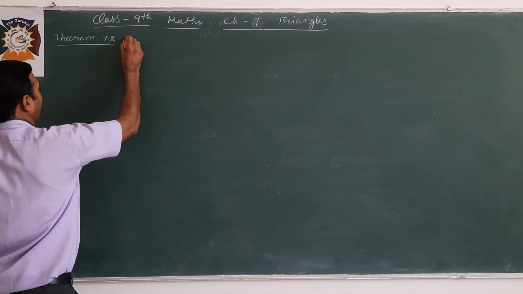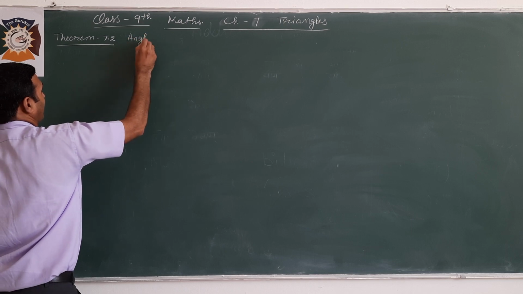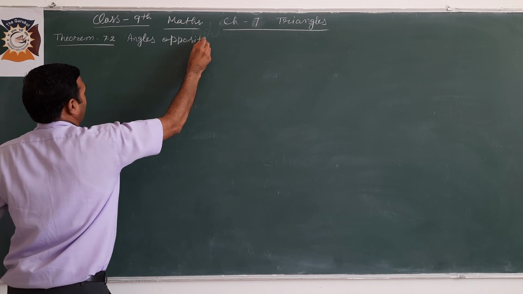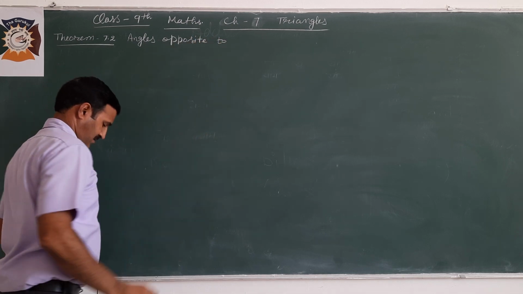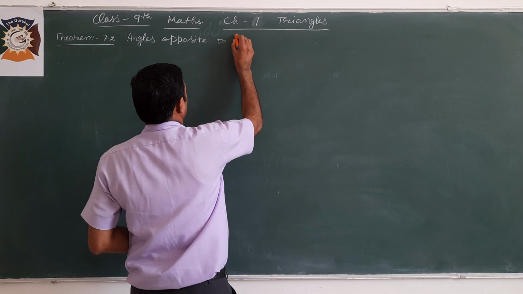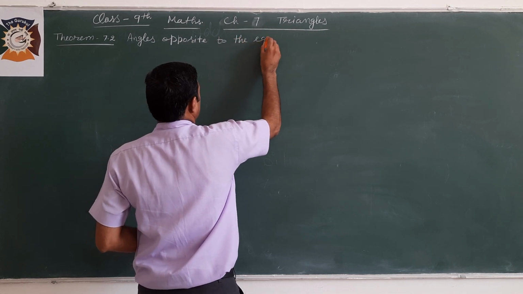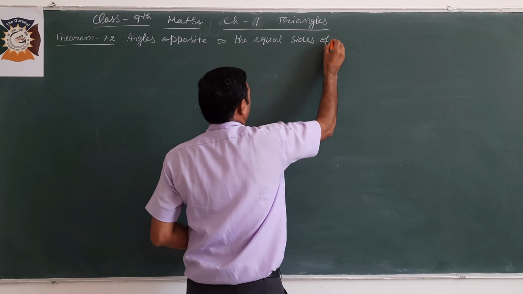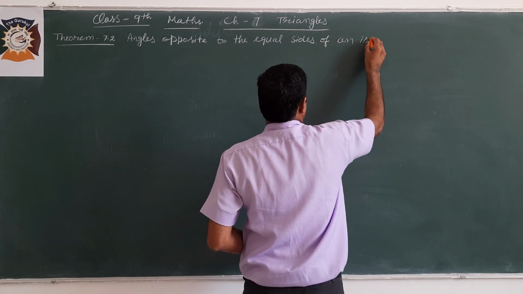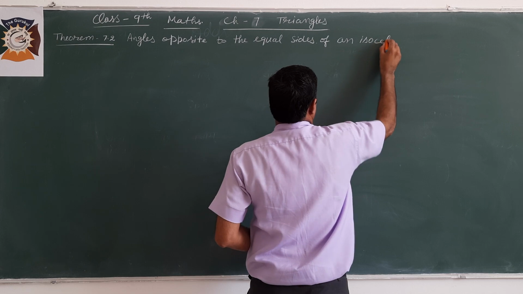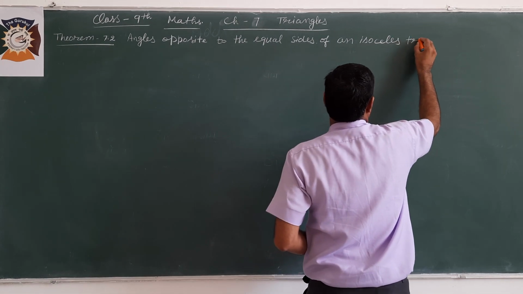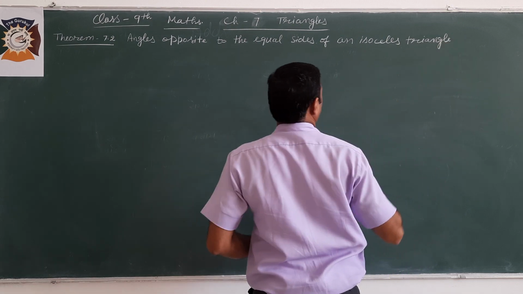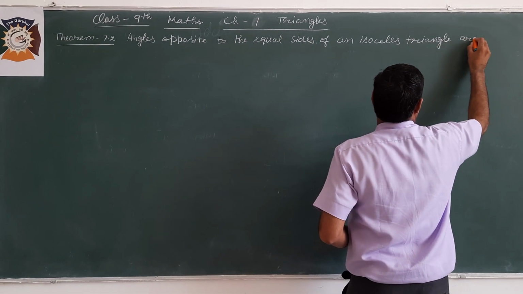Angles opposite to the equal sides of an isosceles triangle are equal.